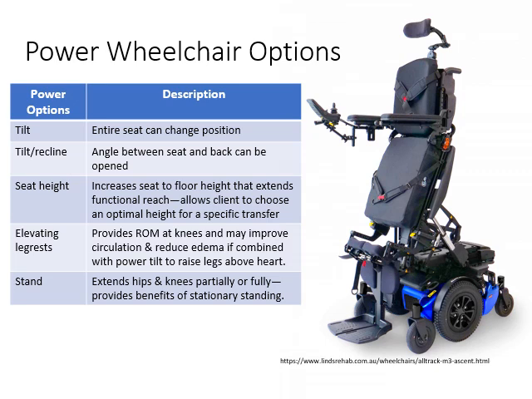There's tilt and recline. So in reclining, the angle between the seat and the back can be open. That is what a recline is. The seat height can be adjusted, so it can be increased. The height from the floor to the seat can be extended to also increase functional reach.